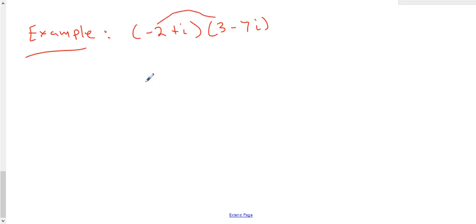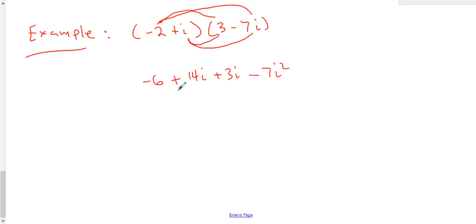-2 times 3 is -6. -2 times -7i would be positive 14i. i times 3 would be 3i, and i times negative 7i would be negative 7i squared.